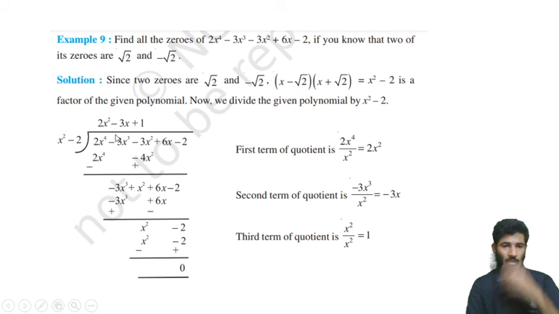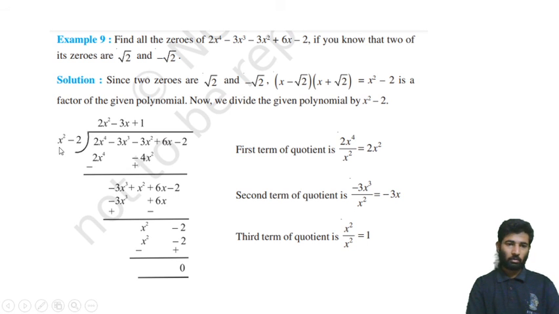again we will follow the division algorithm for polynomials. The highest degree here divided by highest degree here. x square into 2x square is equal to 2x power 4. Again minus 2 will be multiplied with 2x square, that will give us minus 4x square. Subtract the value, this will cancel, the result will be minus 3x cube plus x square plus 6x minus 2.